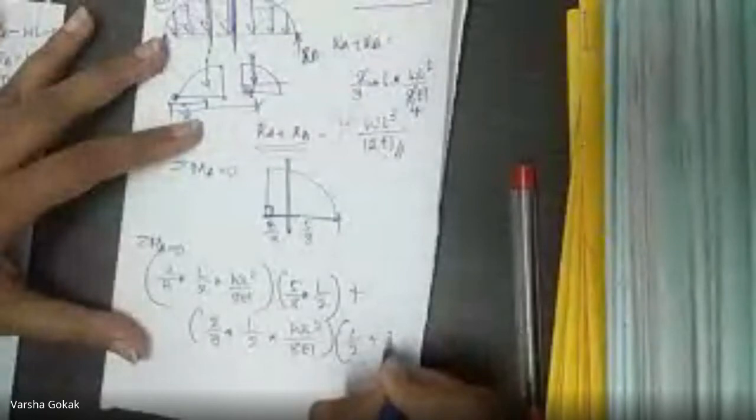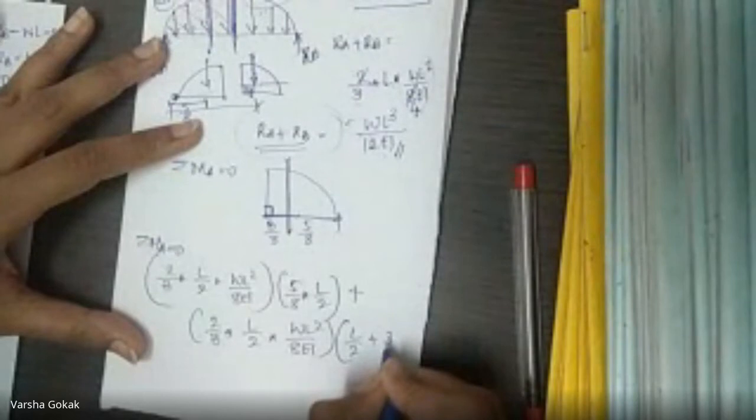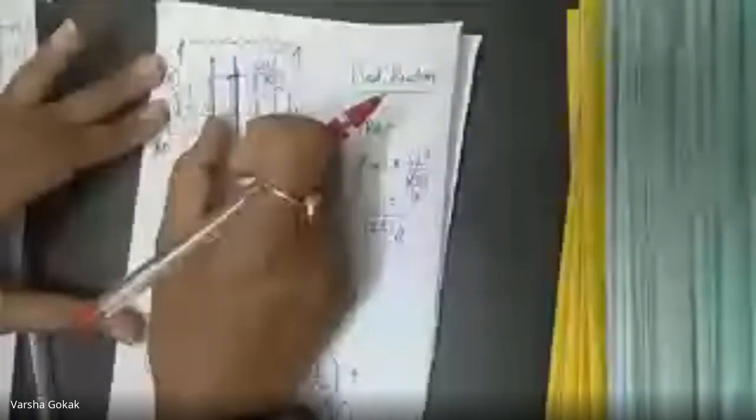Area into its CG. Talking of the second parabola, it is 3 by 8 of L by 2 plus this L by 2.